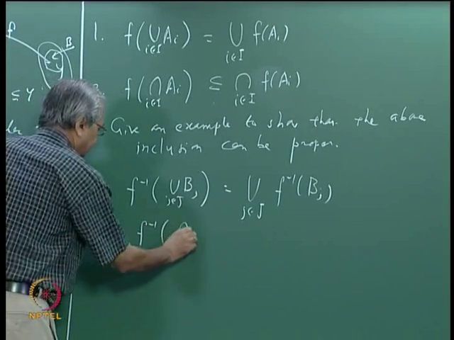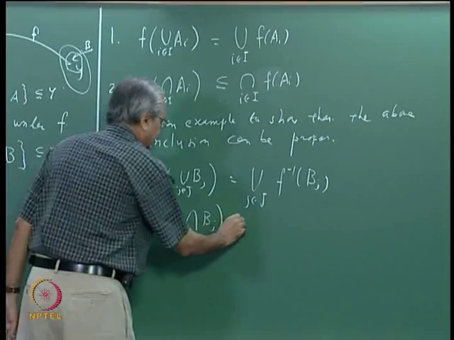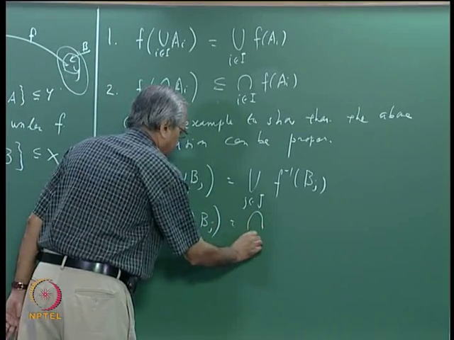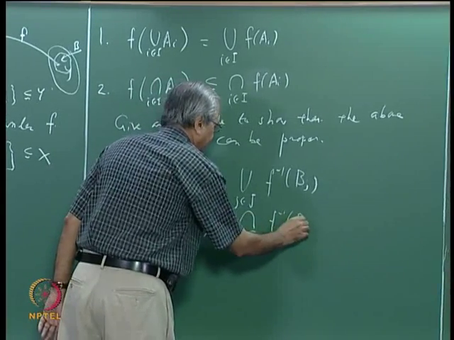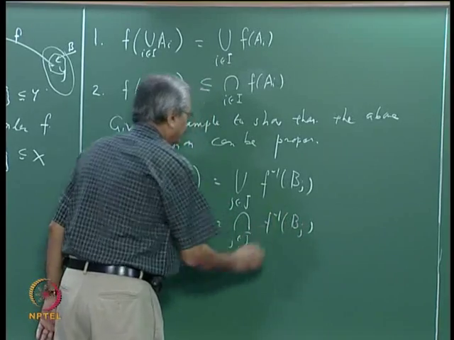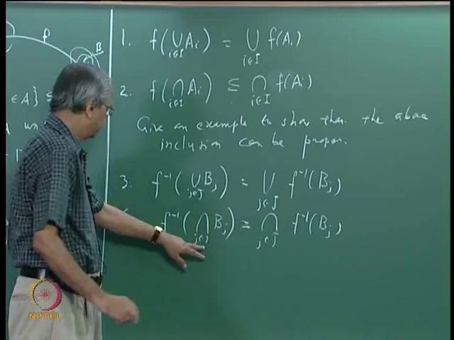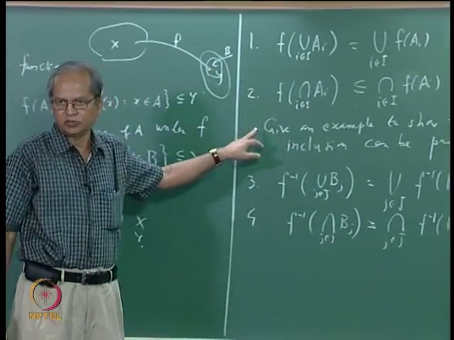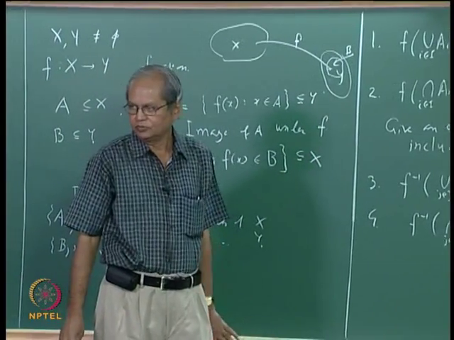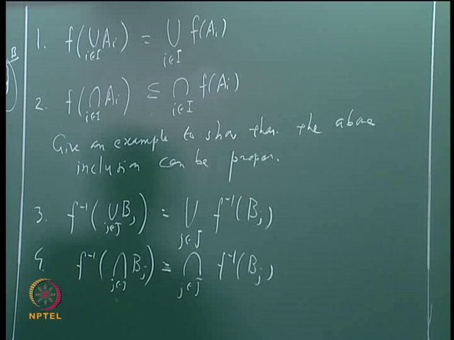Inverse image of the intersection of any family is the same as the intersection over small j of f inverse B_j. So compare this property 4 with property 2, and that is the meaning of saying that inverse images behave in a better way.